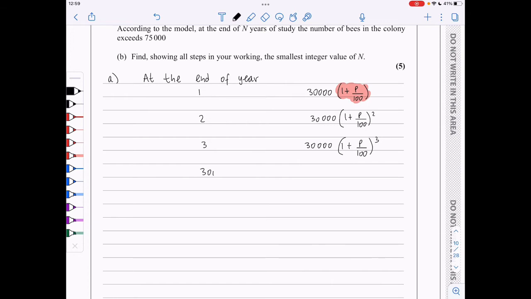And this is what we're being told is equal to 34,000. So 30,000 times 1 plus p over 100 to the power of 3 is equal to 34,000.